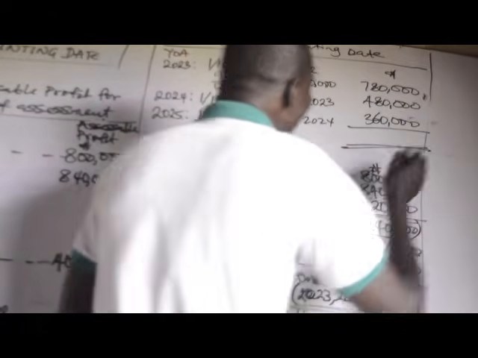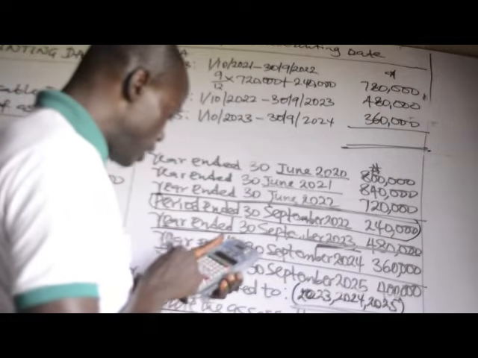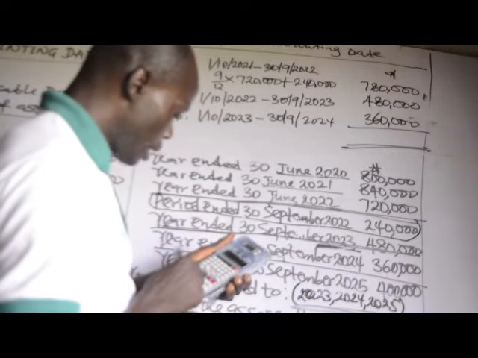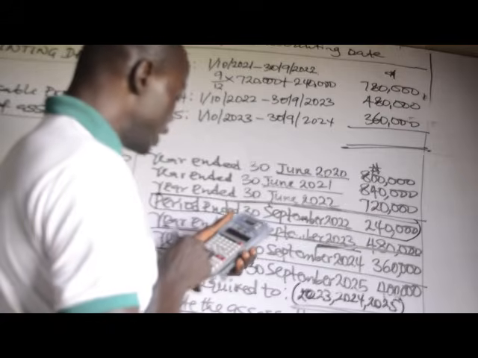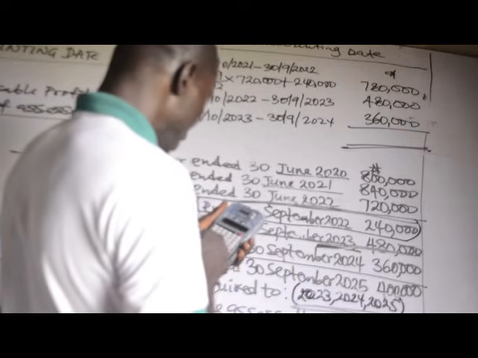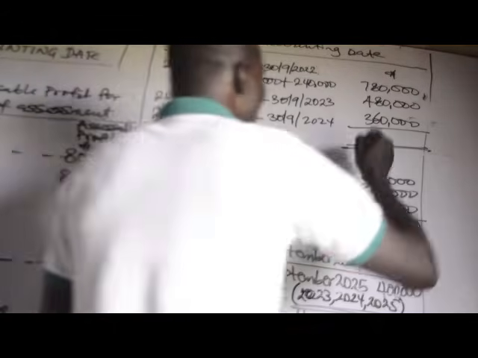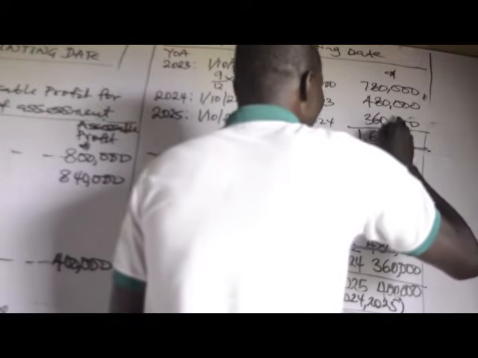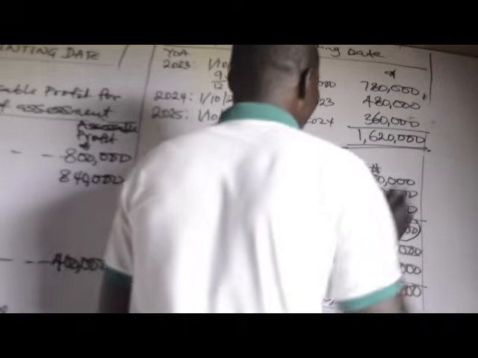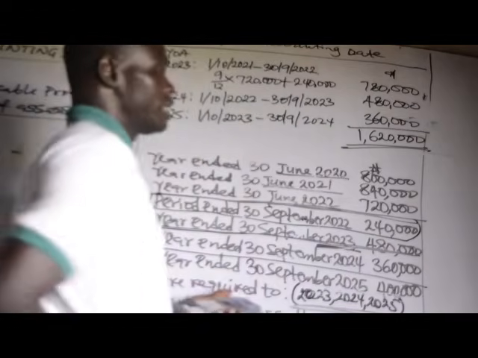So you also add the profit for those 3 years: 780,000 plus 480,000 plus 360,000. Then that totals 1,620,000, using the new accounting date.